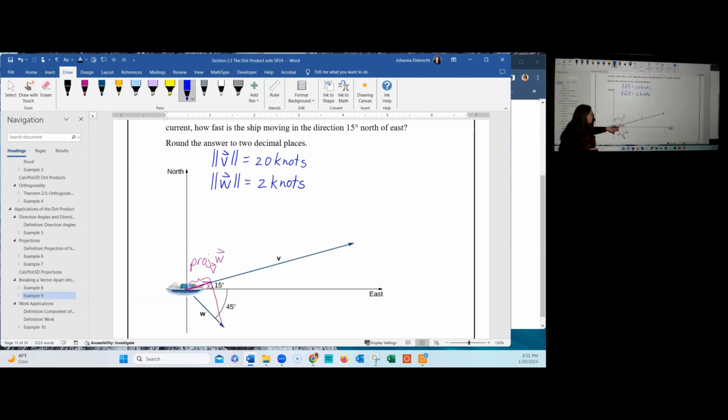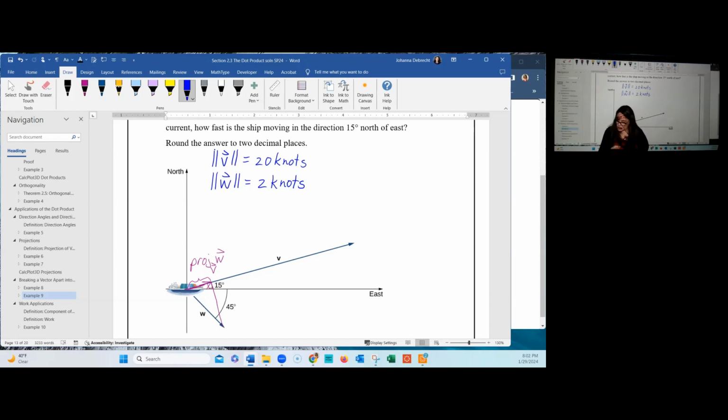Now I need the magnitude of the projection of W onto V. But to do that, I have to have a vector for W and a vector for V. So in order to do that, I need to take a unit vector in that direction and multiply it by the magnitude. So I need a unit vector in that direction.